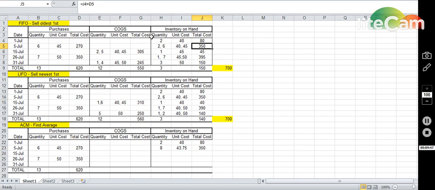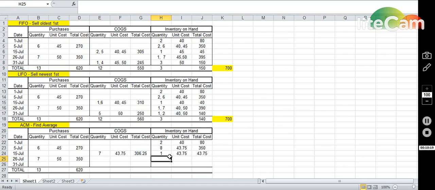Okay. But now we're going to sell. Now we're selling 7. What 7 do I sell? The 7, the average for the average cost of $43.75. So my total cost is going to be 7 times 43.75. Okay. So what do I have left? I have 1 for 43.75. Okay. On the 26th, we buy 7 for 50.